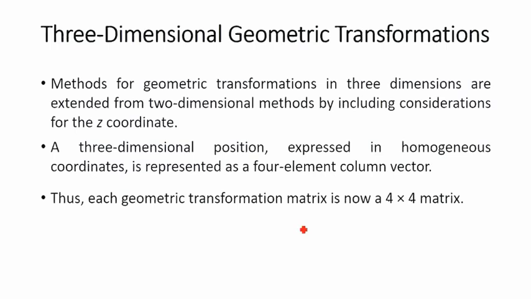The transformation matrices will be of size 3x3. However, when we want to represent them as homogeneous coordinates, then we represent the point as 4x1, that is x, y, z and 1, and any transformation matrix will be of size 4x4.